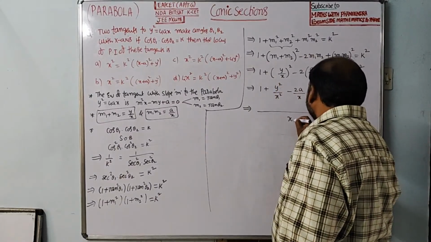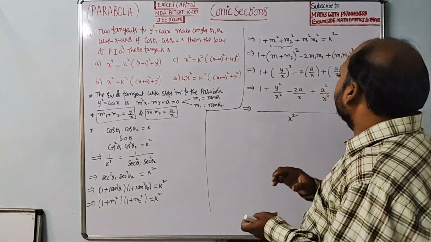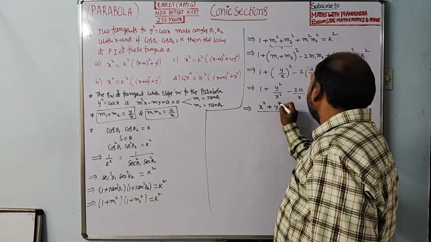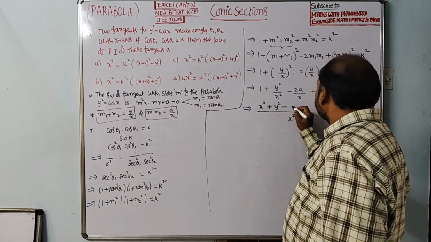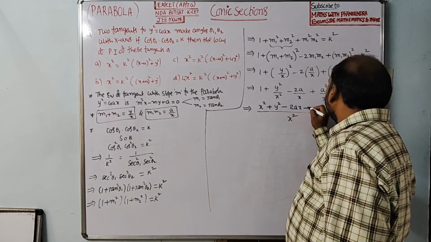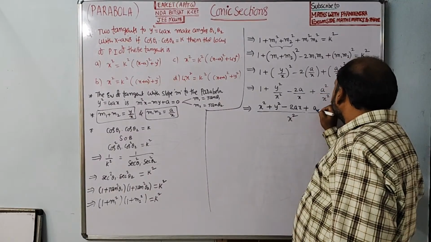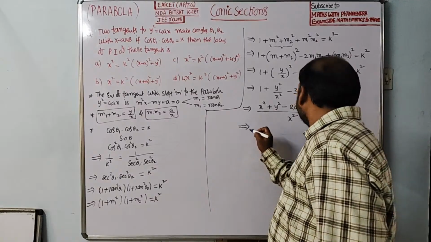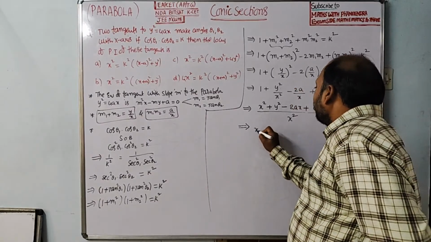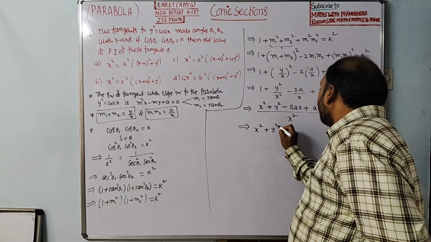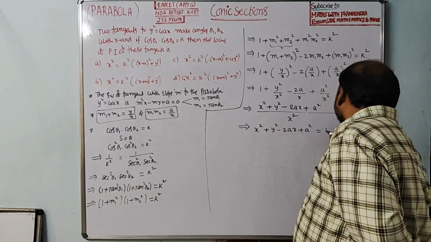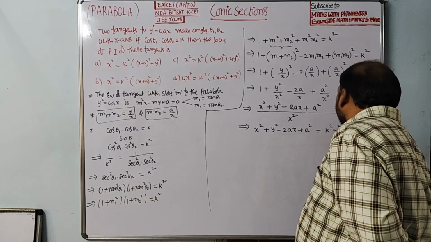Taking LCM x square: x square plus y square minus 2ax plus a square is equal to k square x square.